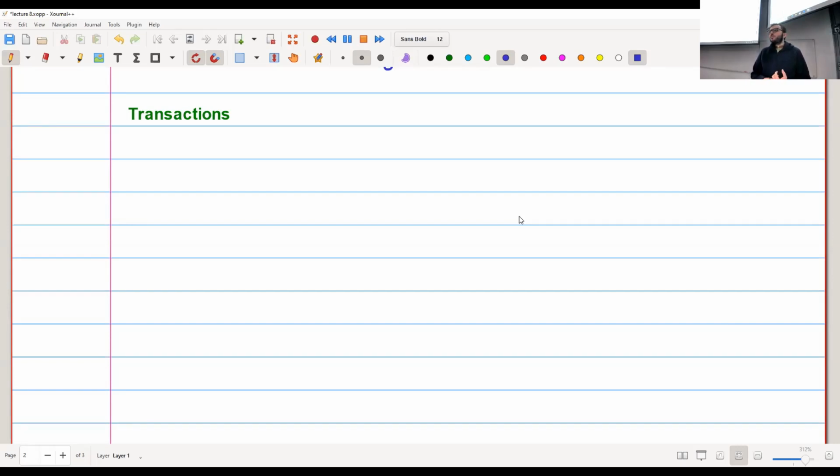And I have to provide a bunch of information. I have to say, first of all, what's my identity? And by identity, I mean my public key. So I have to say, I'm a person with this particular public key, and I have these many coins, and I want to send them to a different person with this other public key. Okay, so what is the required information here?